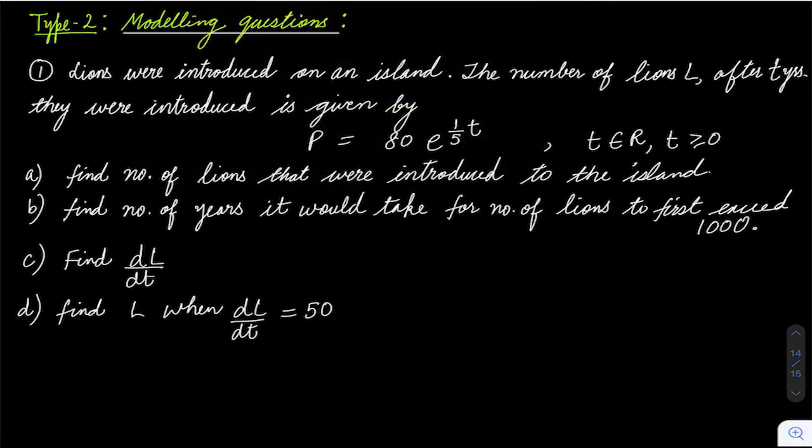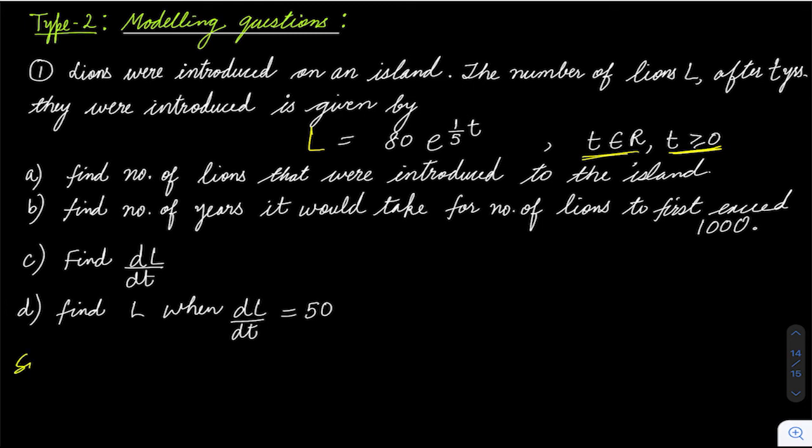Lions were introduced on an island. The number of lions L after t years since they were introduced is given by this. Okay, so you can say this is my equation. L equals 80 into e power 1 by 5 t, where t is a real number and t is greater than or equal to 0. Okay, find the number of lions that were introduced to the island.